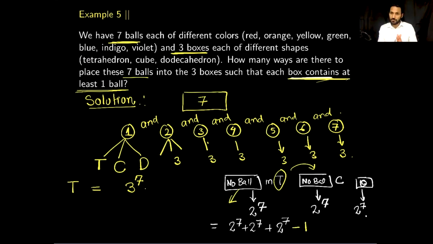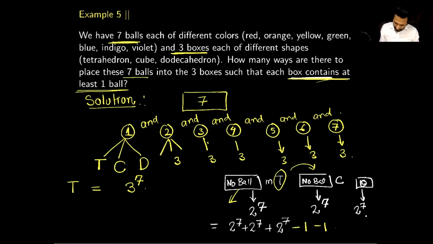When I was performing the first event, I may not place any ball in C also, because I have to place the balls in C and D. There is a possibility that I place all the balls in D, not in C. Similarly, when I'm performing the event in C, there is a possibility that I will not place any ball in the A box, so I have to remove that possibility also.